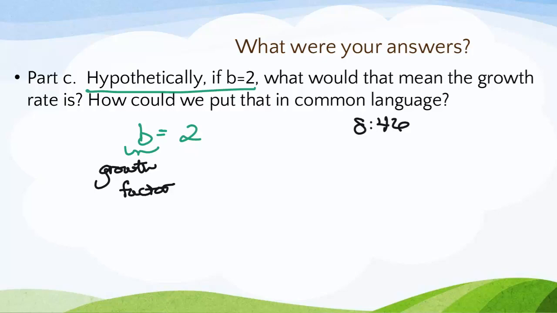Hypothetically, if B is equal to 2, what does that mean the growth rate is? Try to write that down.